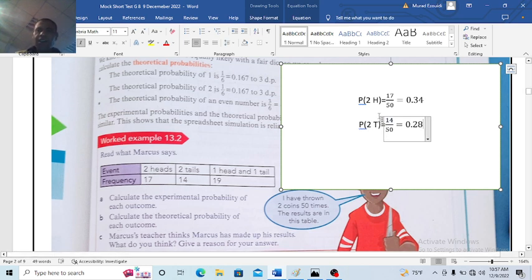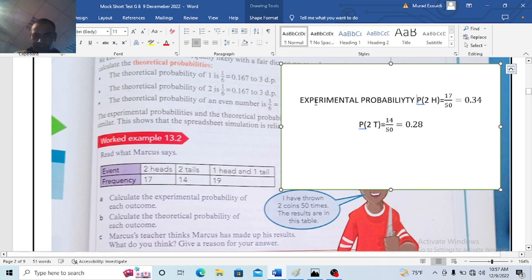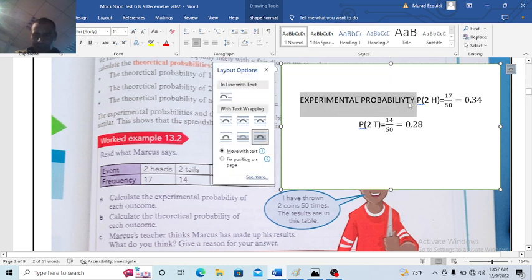This is called the experimental probability.